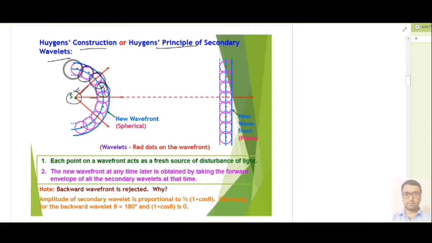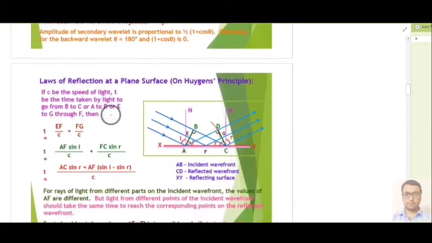If we take any particular point on the wavefront, then each point of the wavefront acts as a fresh source of disturbance of light. The new wavefront at any later time is obtained by taking the forward envelope of all secondary wavelets at that time. If we join all the forward points like this, this line is called your new wavefront. This definition was given by Huygens.